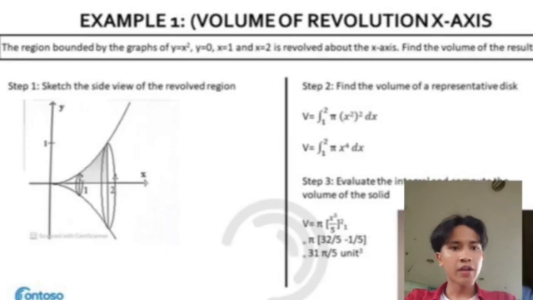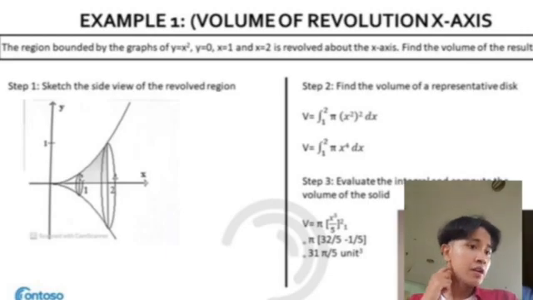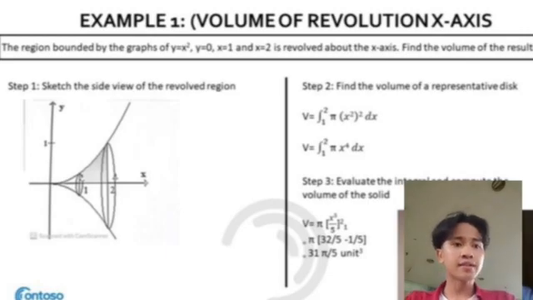Step 2. Find the volume of the representative disk. We use an integration formula. The integration formula is Vx equals integrate from a to b of pi y squared dx.